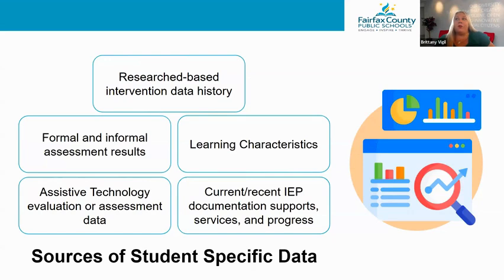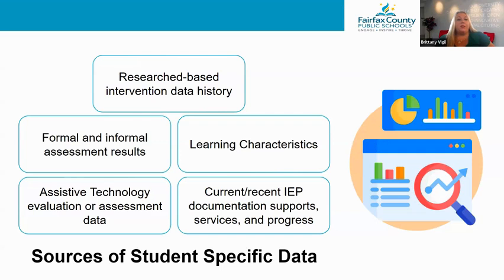As a reminder, when considering whether or not the VAAP is an appropriate assessment for your child, the IEP team must consider multiple sources of data. The data sources may include, but are not limited to, the sources listed in this slide.